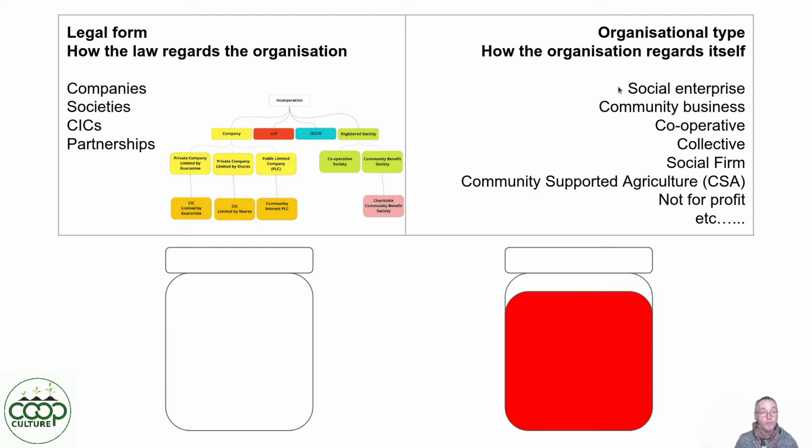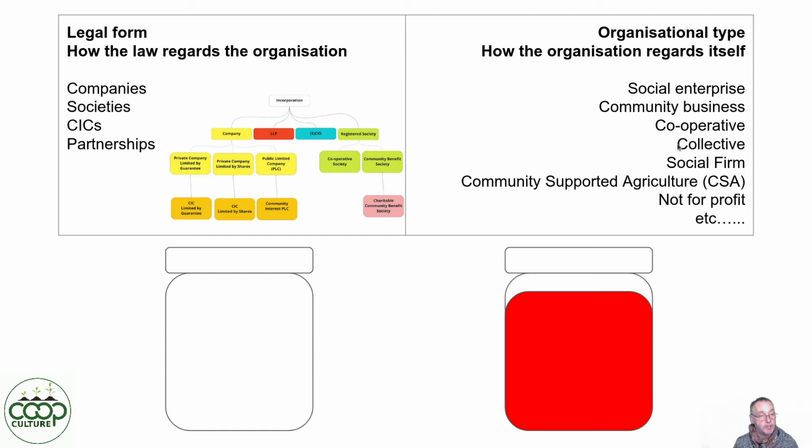So with organisational type we're talking about things like social enterprises, so organisations that exist and trade for a social purpose and principally reinvest their profits. Community businesses, businesses owned by the communities in which they trade, and there are various definitions available for that. Cooperatives, organisations that are owned by the people who trade with them, and the organisation satisfies their various mutual needs.